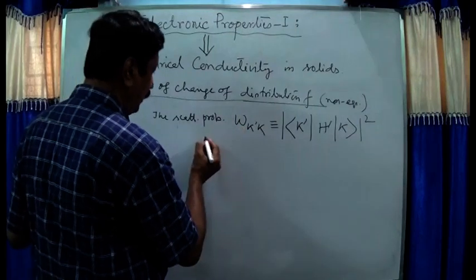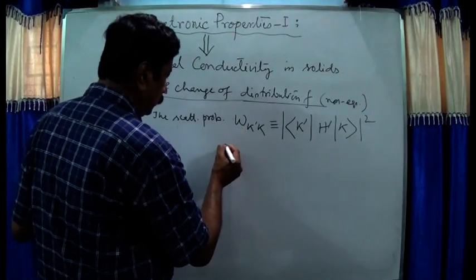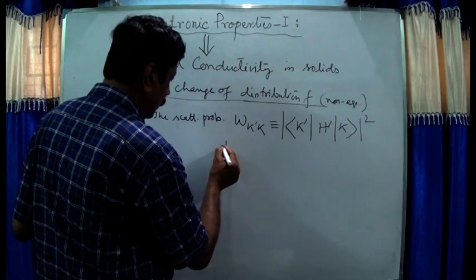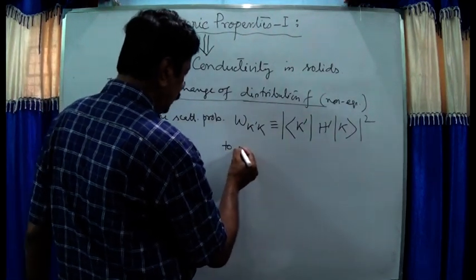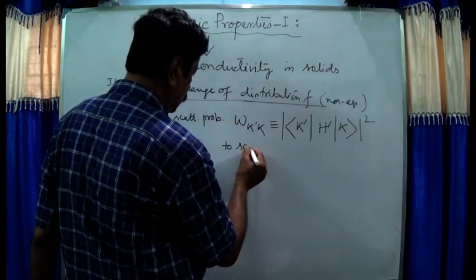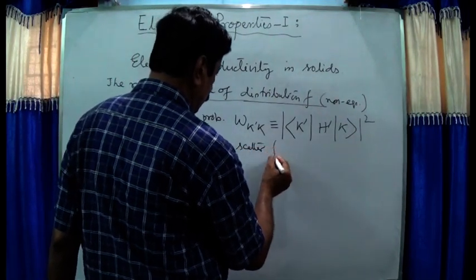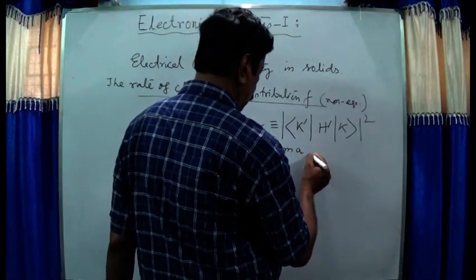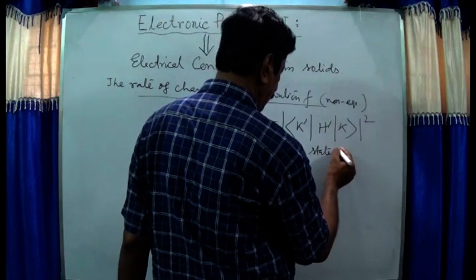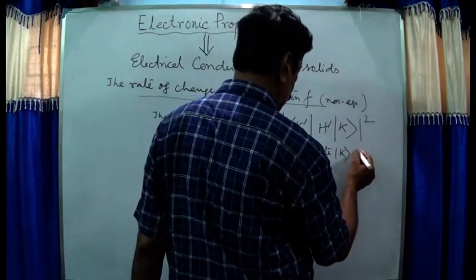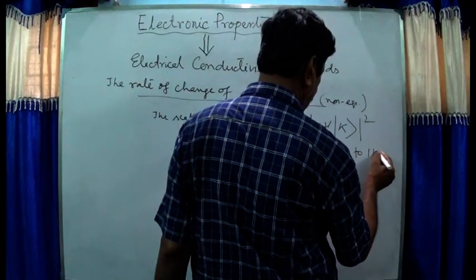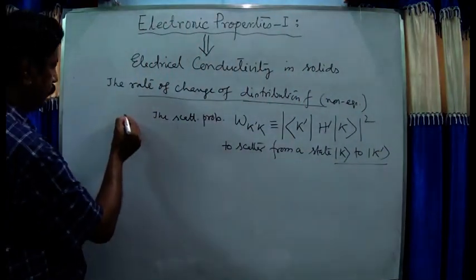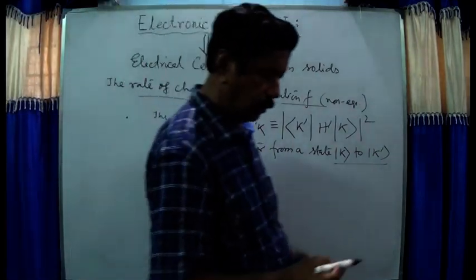So the scattering probability for what? To scatter from a state specified by k to a state k prime, right? So this is one point we all know about.